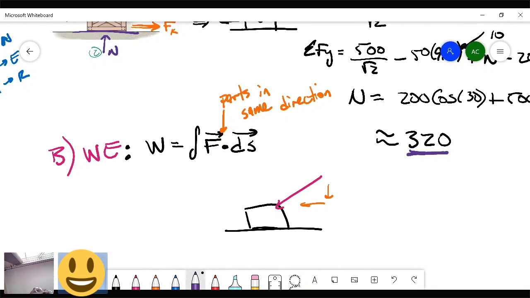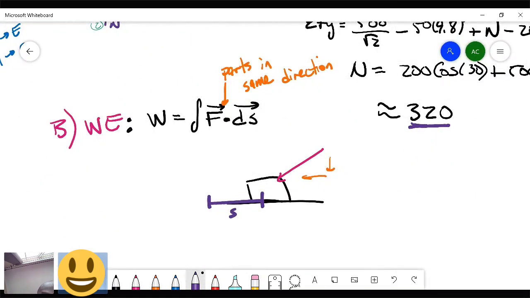That's actually really important because on the ground, we know that it's only going to slide my S. It's going to slide that distance S. So the only thing that can actually produce work is the X part, because the X is in the same direction as my S. You follow me? And so in this case, work energy simplifies into F delta S, where F has to be in the direction of S.